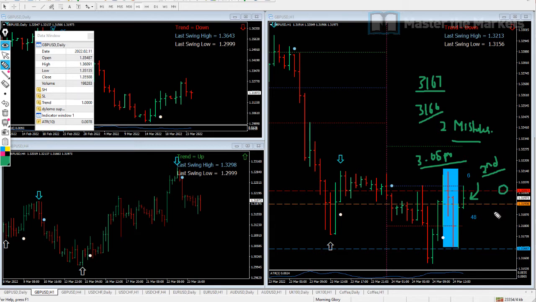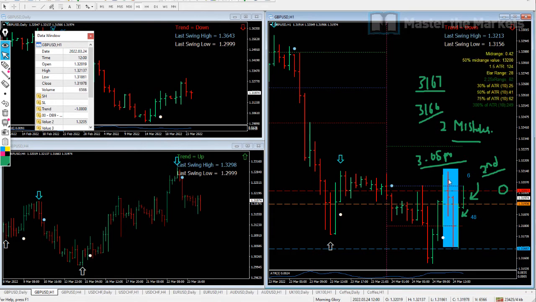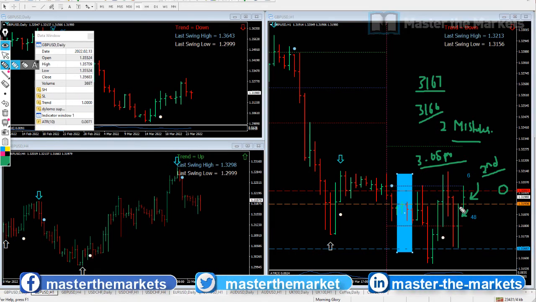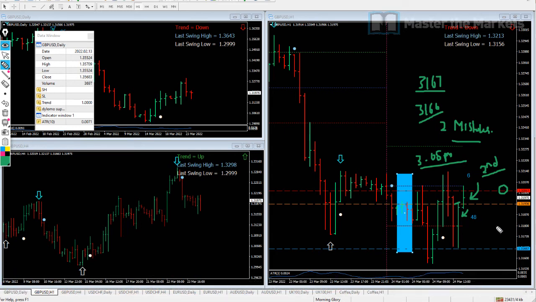I should have trailed it at the end of the hour, to the high of this bar here. Let me take this blue box out so you can see clearly. I should have trailed it to the high of this bar here. If I had done that, I would have saved myself another 5 pips, which is 50 pounds less loss. So these are the two mistakes. One was the entry level order, the second was the trailing stop.